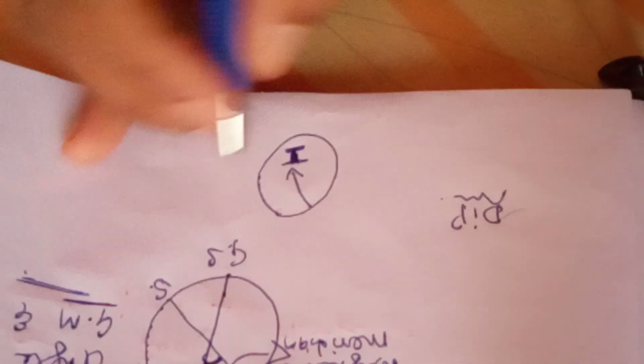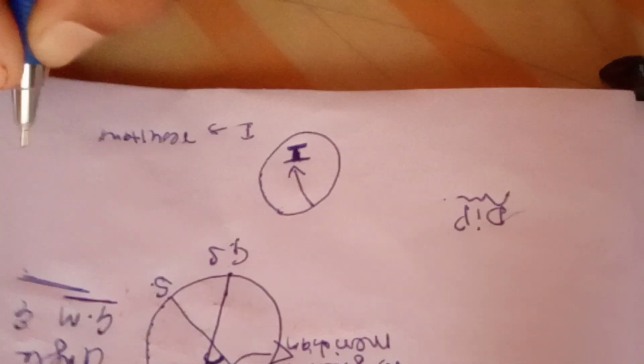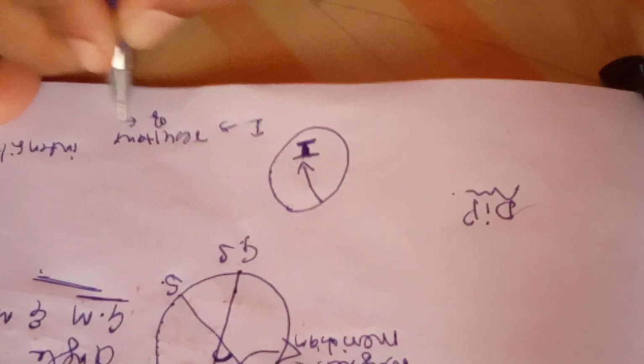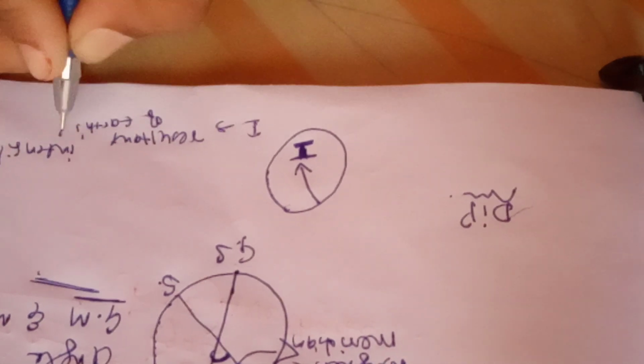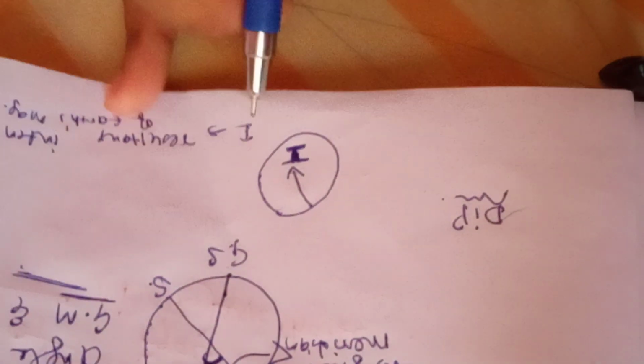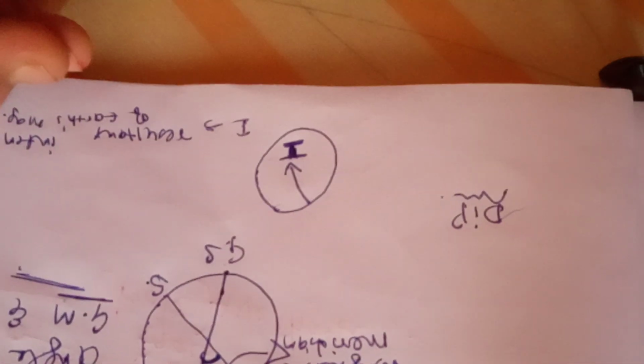What is I? Resultant intensity of Earth's magnetic field. So the fourth term we got, intensity of field, that is I, is the resultant intensity of magnetic field.